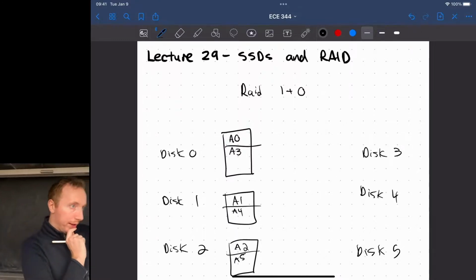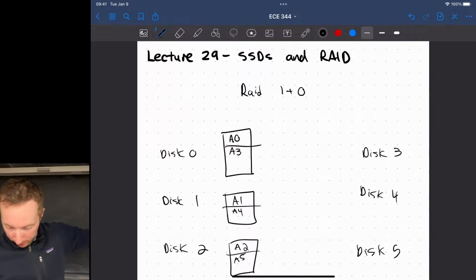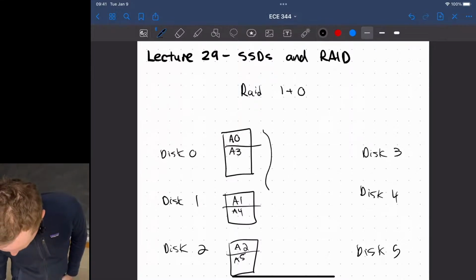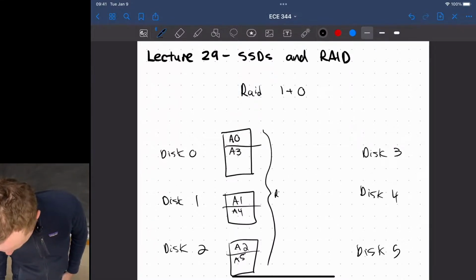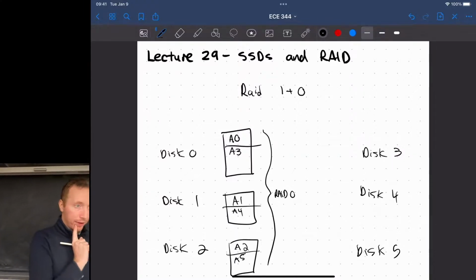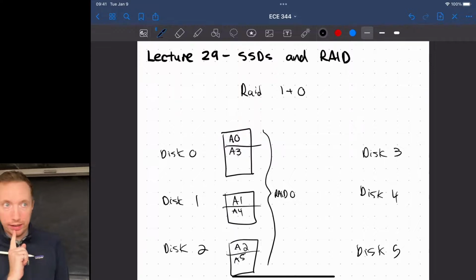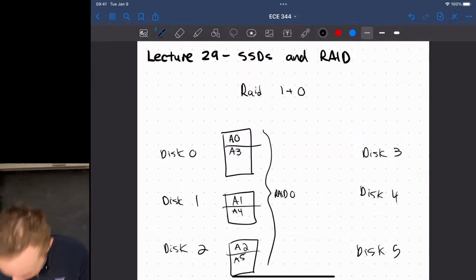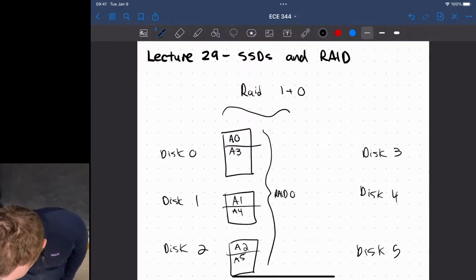So within those 3 disks, they're all striped. This is essentially exactly like RAID 0. And then the 1 plus 0 is I make a copy of all of that with the other disks.